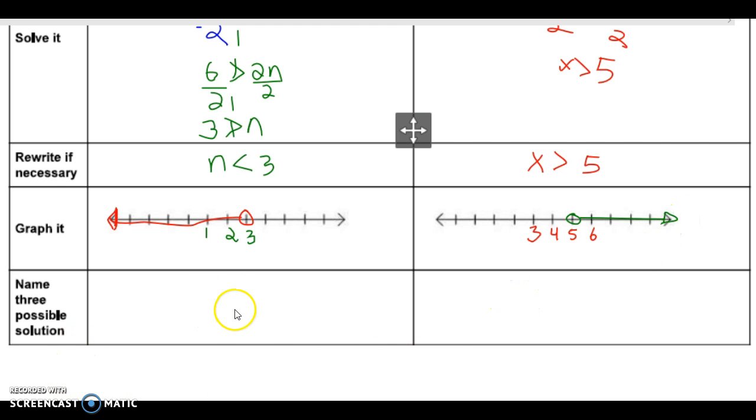Now to name the 3 solutions, I picked -78, -1, 0, because those are all numbers that are less than 3. And I picked 6, 99, and 500, because those are all numbers that are greater than 5.